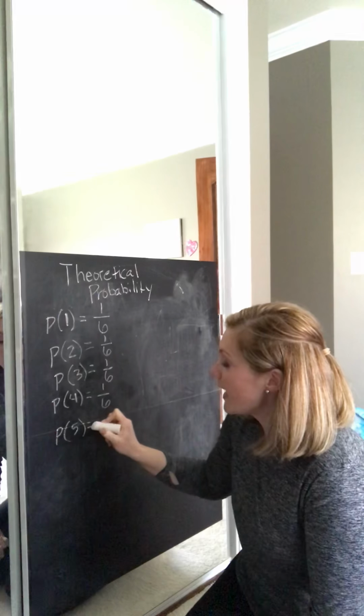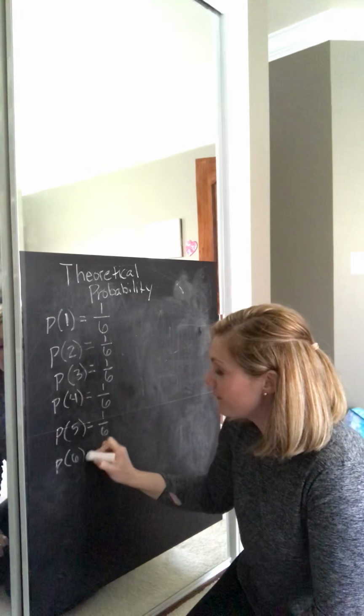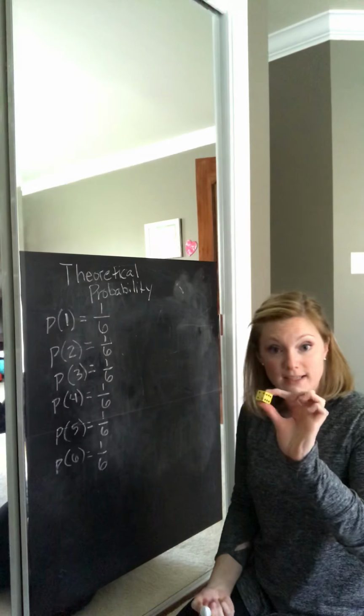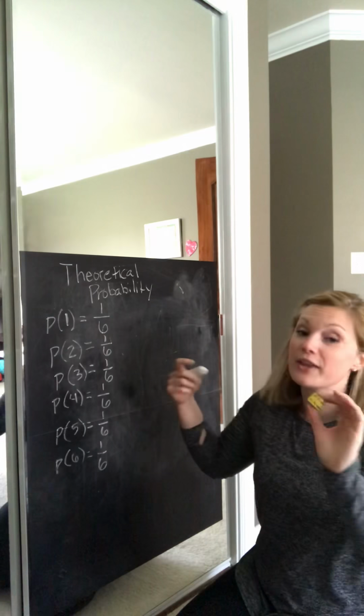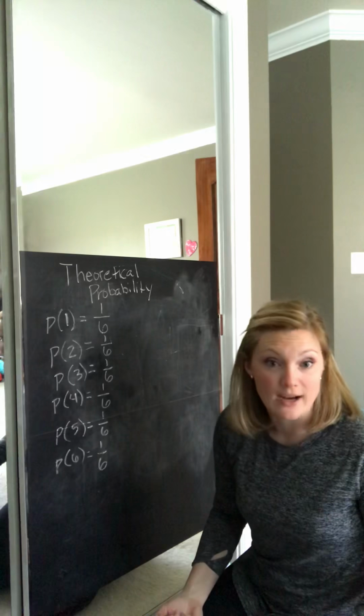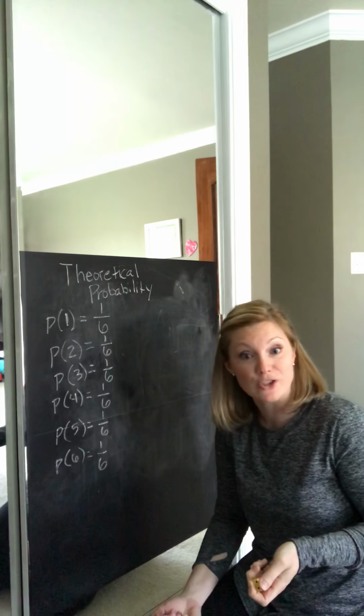That is making a prediction based on my facts, based on my numbers, that if I were to roll this die 6 times, I theoretically would get each number once. Now we know that's not what's actually going to happen. That's what we're going to talk about more today. We're going to do an experiment and actually see.